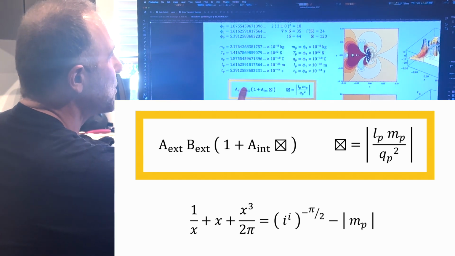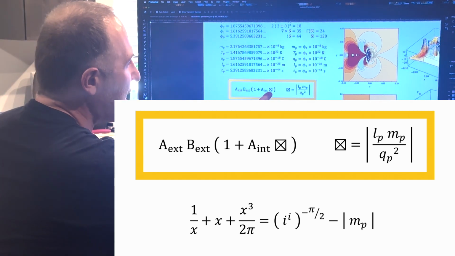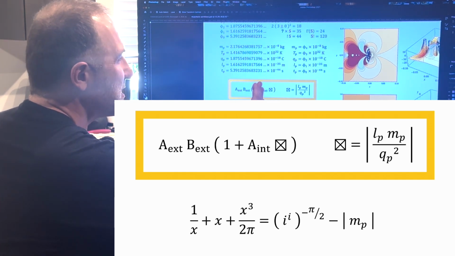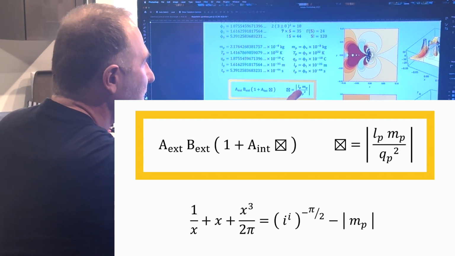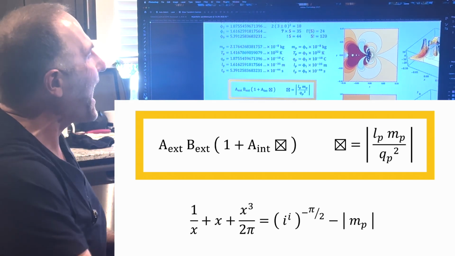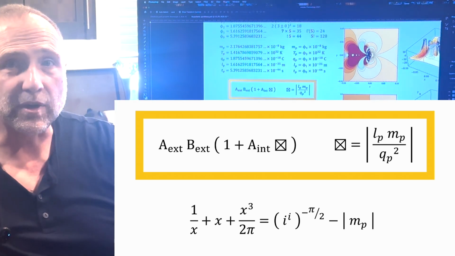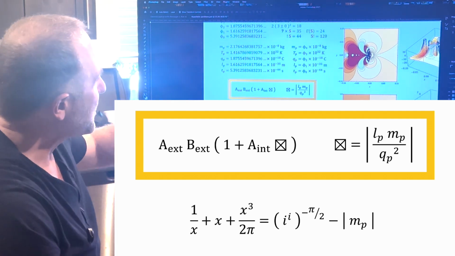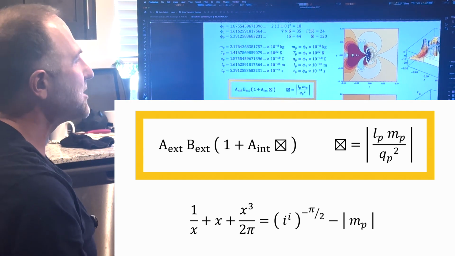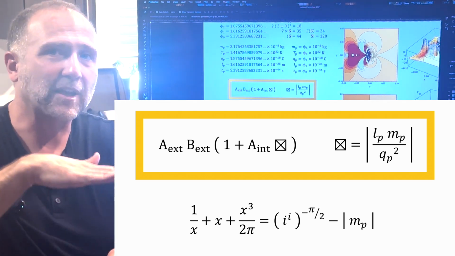In fact, you can see in the rule itself, the fixed boundary on the right, the internal part, is always defined as the same set of boundaries, and those boundaries are the Planck mass over the Planck charge squared. This is an equation that applies directly to how the Planck boundaries are put together. And the equation below it, the hyperbolic partition equation, describes how the Planck boundaries partition within the Planck mass gap.